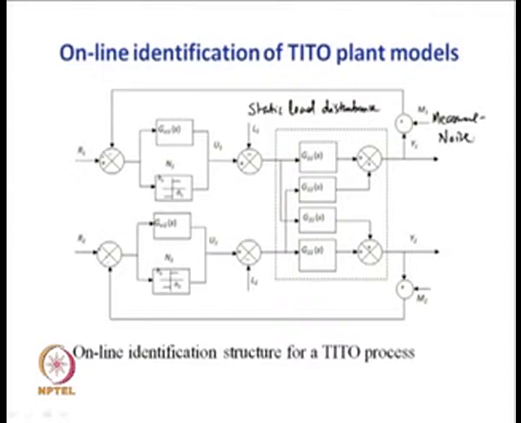So, we have got a controller connected in parallel with the relays throughout the operation of the system and during the relay experiment as well. So, that is the basic difference between the offline identification scheme and the online identification scheme.